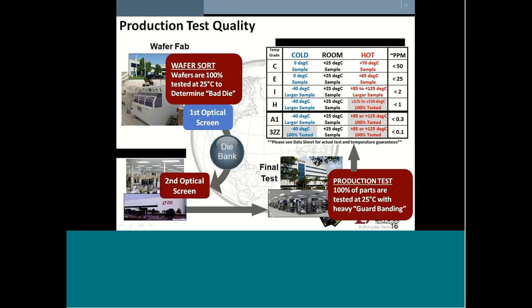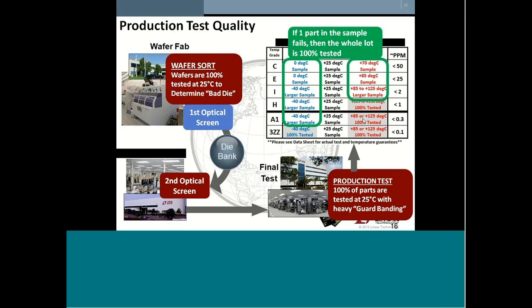C means commercial, E means extended, I means industrial, and so on. We test our products in the cold and hot chamber. This means that we can guarantee how the product behaves while inserted on the PCB of a real application in real life. If during the testing just one part of the sample fails, then we test the whole lot.